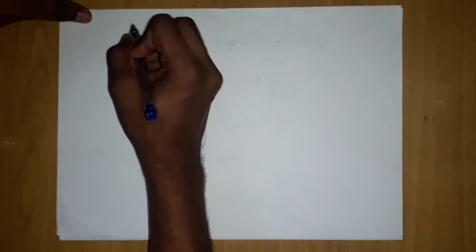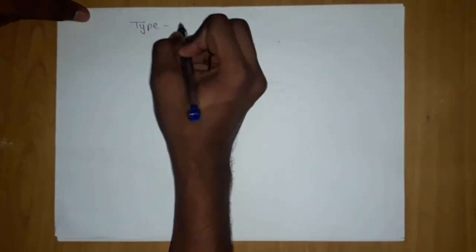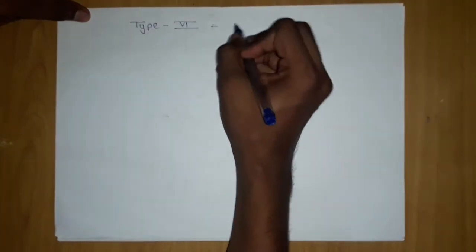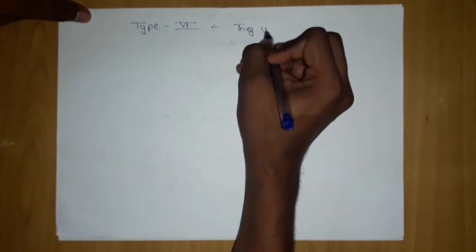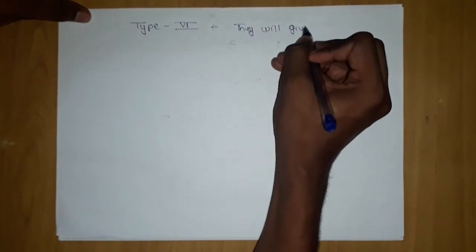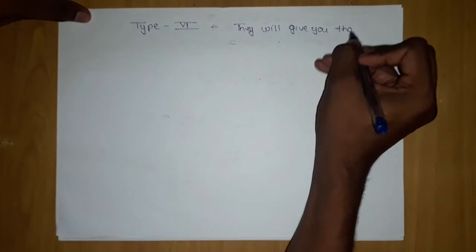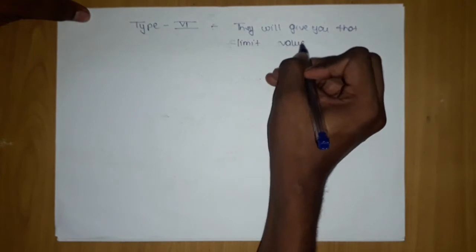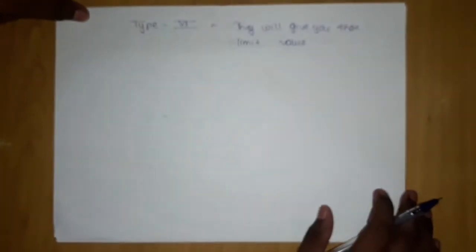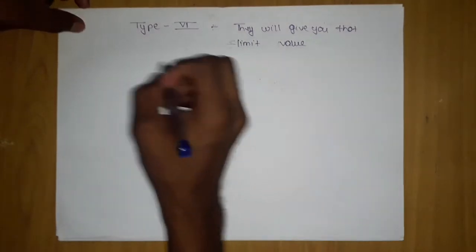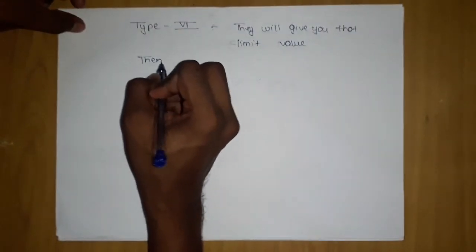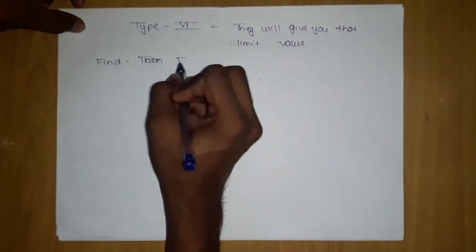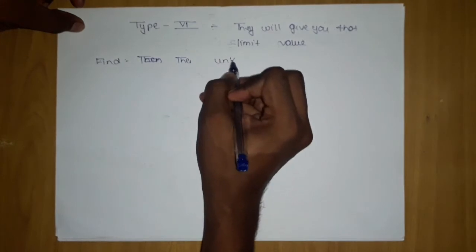In this you can say type 6. What is type 6? They will give you that limit value which you used to find in the rest of the 5 types of problems or forms, and then they will tell you to find the unknowns.